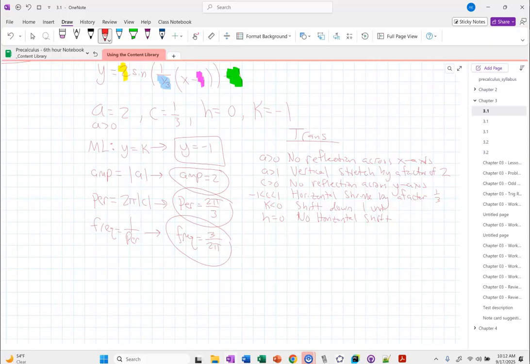Does everybody feel okay with how I did that? Right? I just used these values and looked up at the criteria that we wrote down earlier and checked if something happened or not, right? And there's 6 things that I have to check. Reflection, X or Y. Stretches or shrinks, X and Y, or horizontal, vertical.